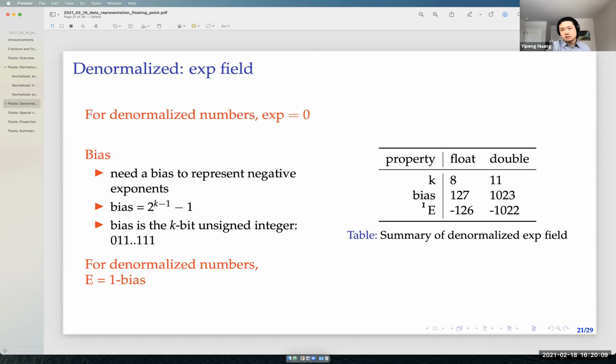After using that as the bias, the exponent for all denormalized numbers is going to be a very large magnitude negative exponent. And this corresponds to the fact that we're using denormalized numbers to represent really precise numbers that are really close to 0.